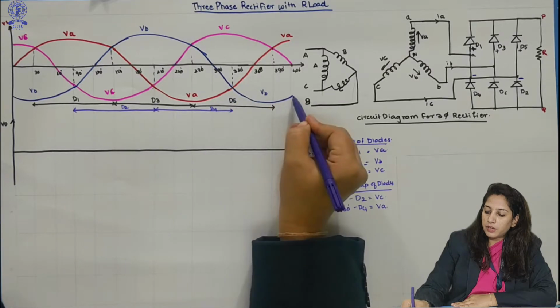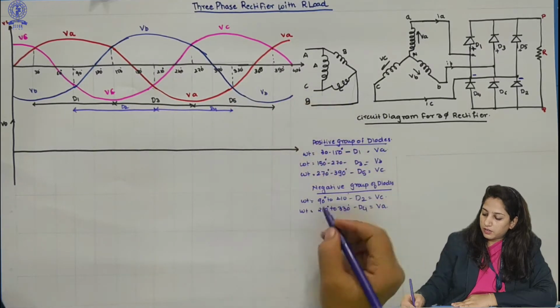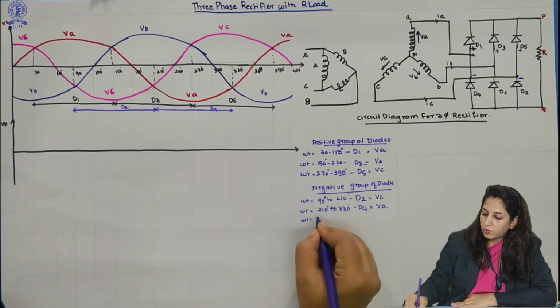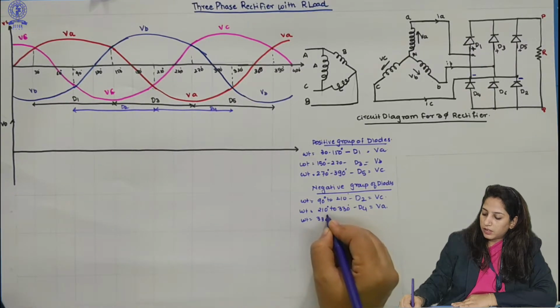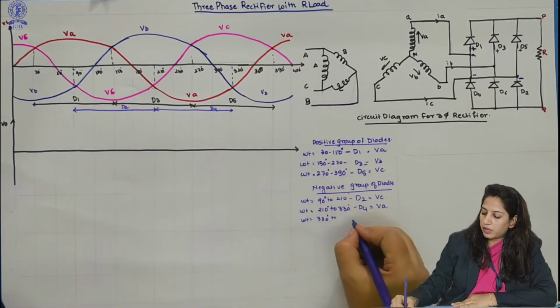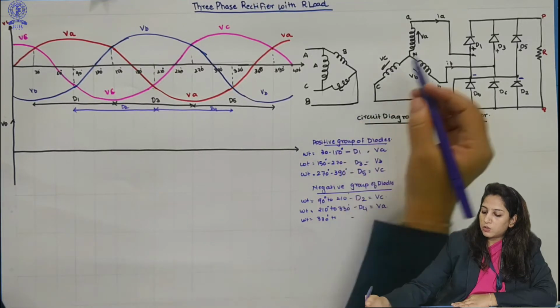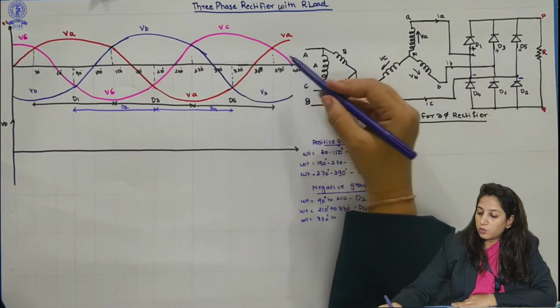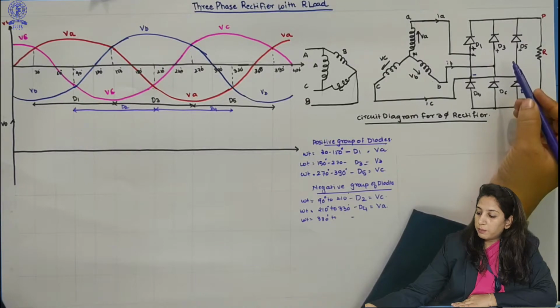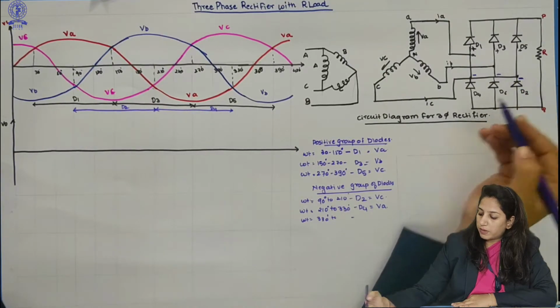And similarly for VB, from 330 onwards, omega T is equal to 330 degrees and so on. I have not drawn it here, I will just write it. VB is more negative, so D6 will be conducting.